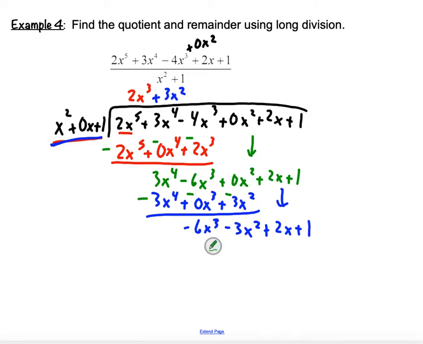Keep going. Now think, x squared times what is negative 6x to the third? That would be minus 6x. Distribute that all the way through that trinomial over there.